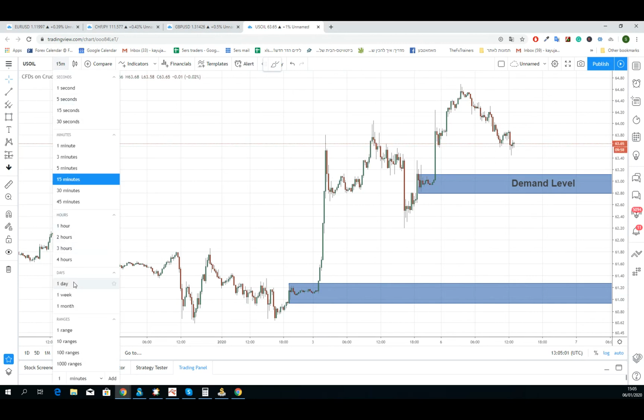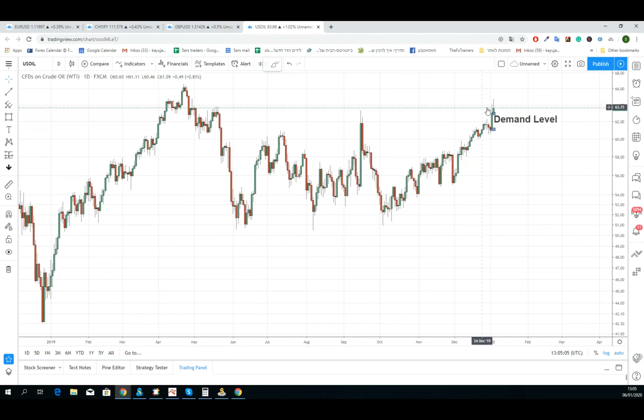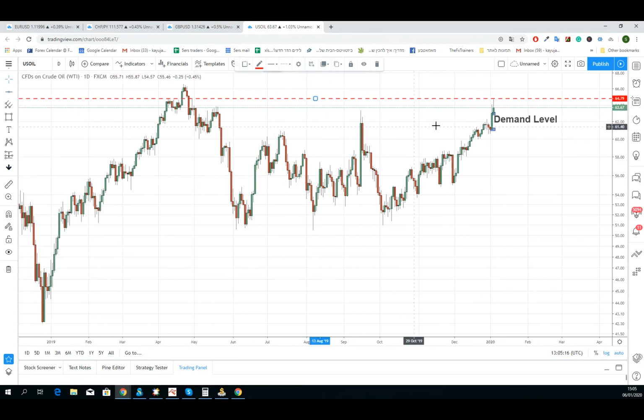If I want to put some target, I'll go to the higher time frame to get an indication from the left side. As you can see, the price already reached the highest level here. I'll put the line there. It means the price reached this level, this kind of supply.